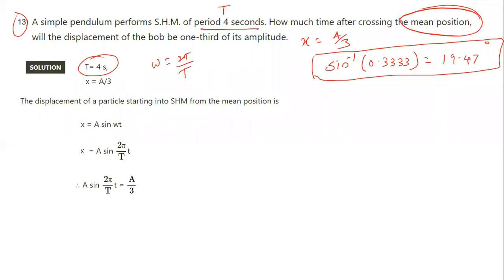Then a and a by 3, the a gets cancelled. So here we transfer this sine to this side. Sine inverse of 1 by 3, meaning 0.333, I told you the value of this. It is coming 19.47 degree.